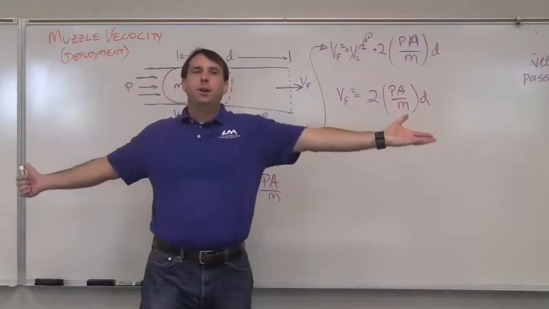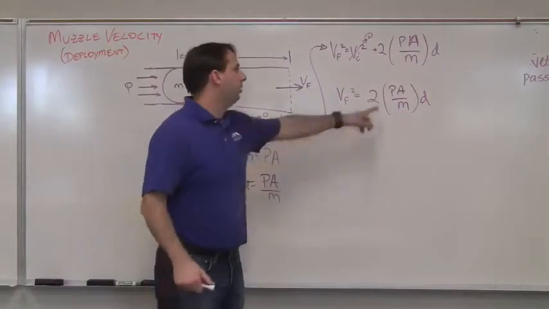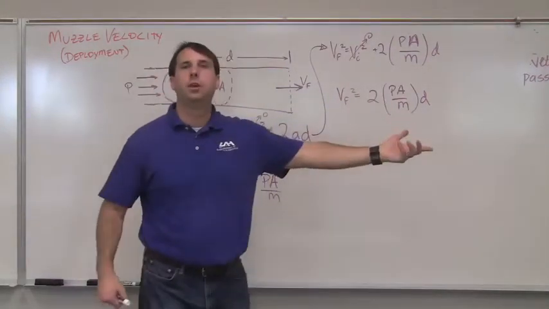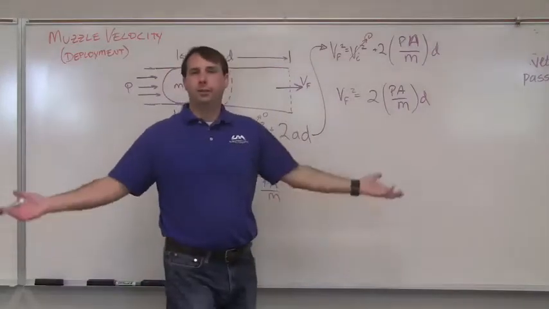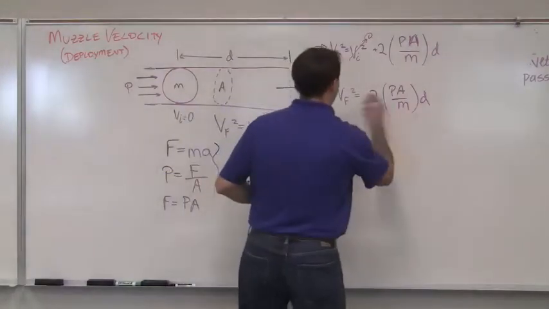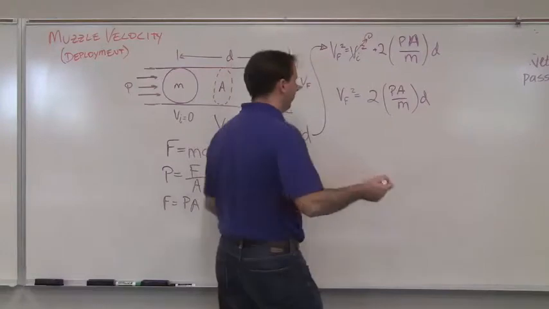What if you know your final velocity and you want to solve for the pressure, like we did in the examples in the introduction, right? They wanted to solve for the pressure, okay? Then you just, algebra, that's all there is to it. It's just algebra. So let's see that, I've not practiced this, let's do this on the fly.